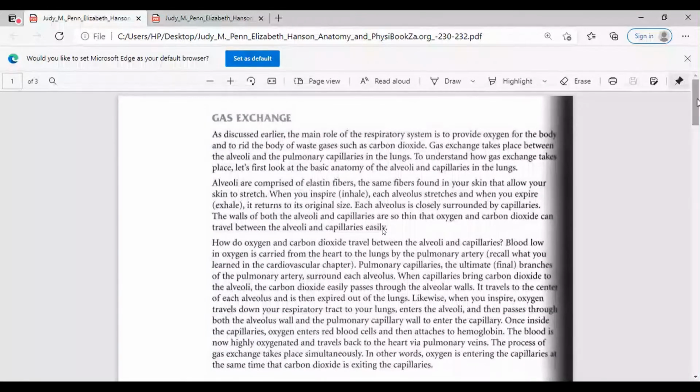Okay, so today we will continue with the reading practice. I have this text, and I think I will give you 3 minutes to skim read this text. Gas exchange.